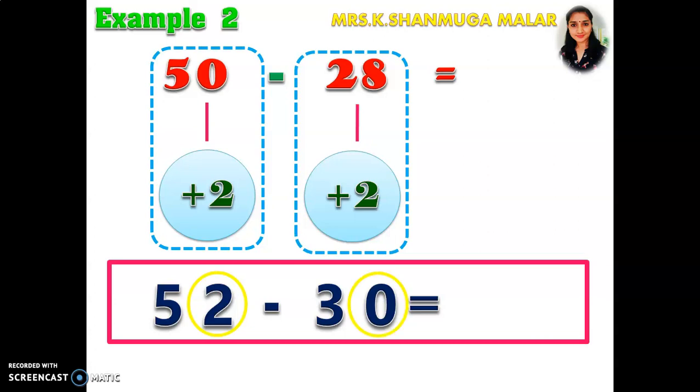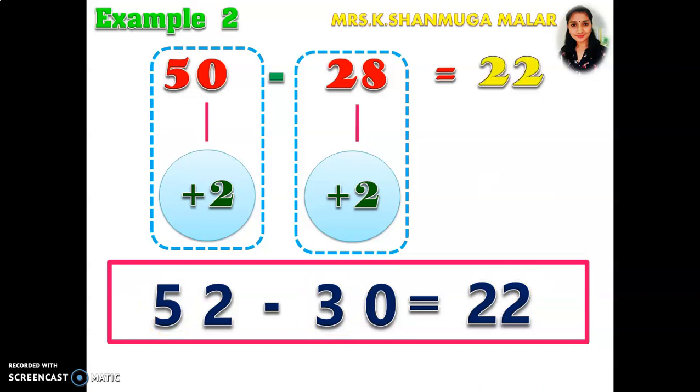Students, 2 minus 0, we get 2. Correct. Next is 5 minus 3. What's the answer, students? Yes, it is 22. So the answer for 50 minus 28 is 22. Do you understand, students?